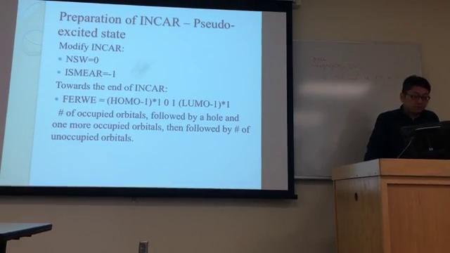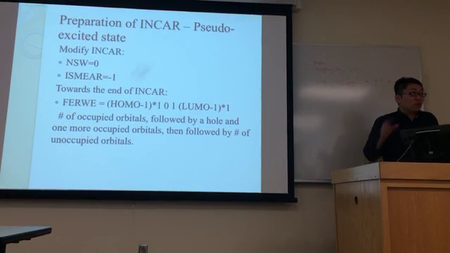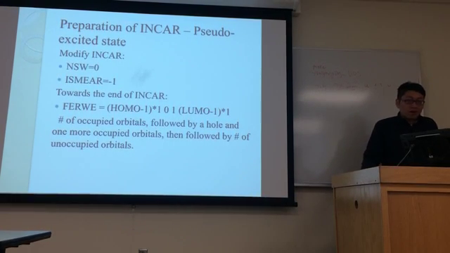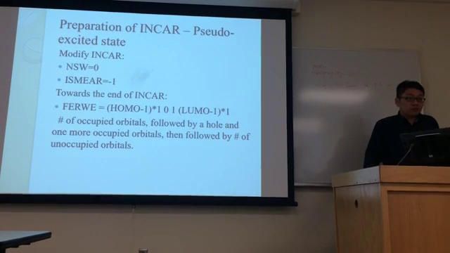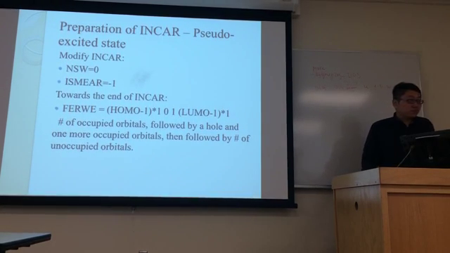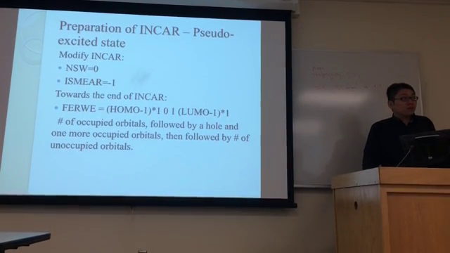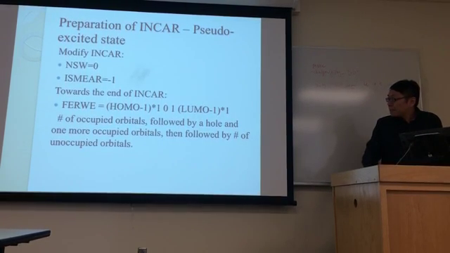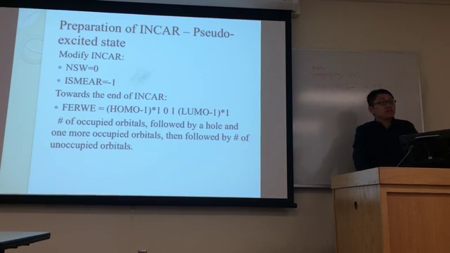Does that mean the number of the state? If there are 40 states in total, how many of these are unoccupied? So if there are 32 occupied, there are going to be 8 unoccupied. Right? But LUMO will be 33. How does it relate with your 6 unoccupied? It should be a different equation.